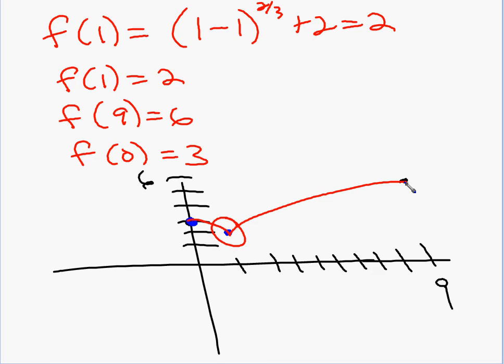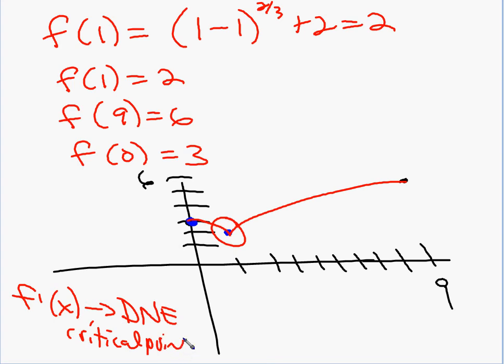Okay? So when you are doing these problems, as you're looking for critical points, you must also consider places where f prime of x does not exist. That can also be a critical point to help me get my maximums and minimums.